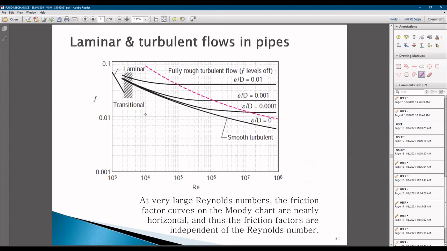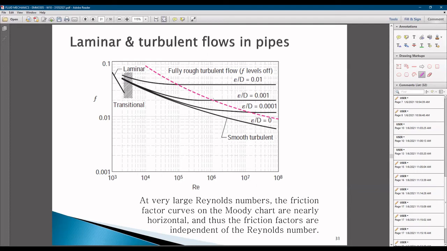A simplified version of the previous Moody chart is shown here. At very large Reynolds numbers, the friction factor curves on the Moody chart are nearly horizontal. It becomes constant, and thus the friction factor is independent of the Reynolds number.